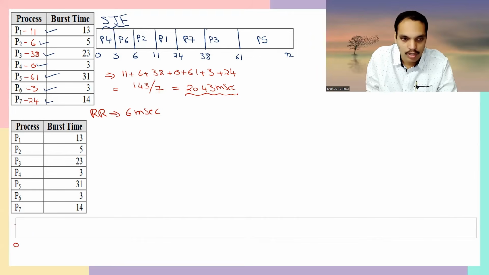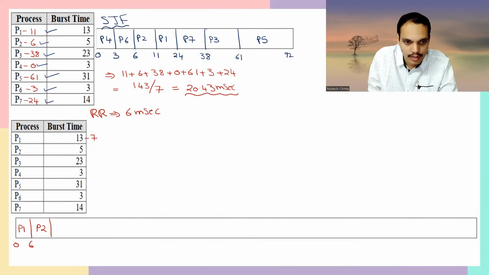So 0. First one is P1. So P1, I complete the execution at 6. And that means how much is remaining? 7 is remaining. Next comes P2. P2 does not require the entire 6. So it completes its execution at 11. So this is done. P2 is done.